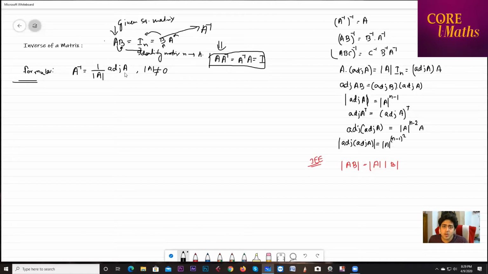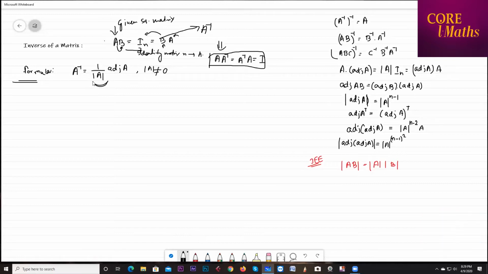For a singular matrix we cannot find the inverse, as the determinant value is in the denominator, and you know that for a singular matrix the determinant value is 0, and 1 by 0 is undefined.